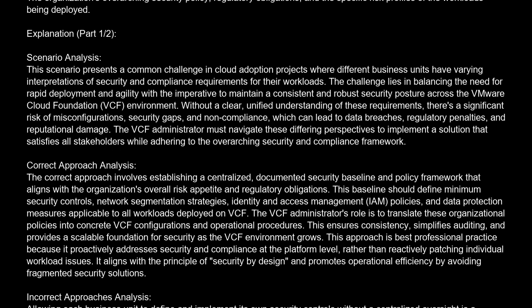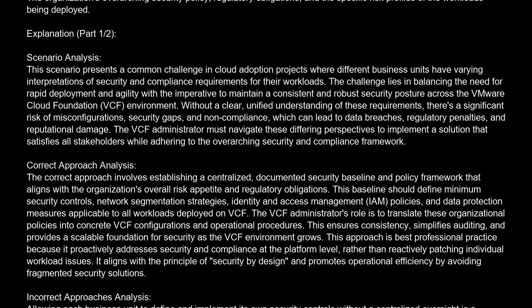Without a clear, unified understanding of these requirements, there's a significant risk of misconfigurations, security gaps, and non-compliance, which can lead to data breaches, regulatory penalties, and reputational damage. The VCF administrator must navigate these differing perspectives to implement a solution that satisfies all stakeholders while adhering to the overarching security and compliance framework.